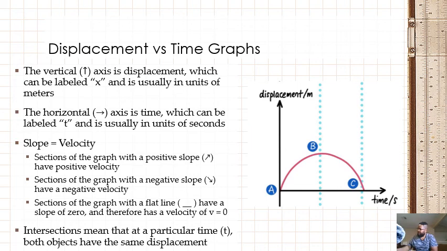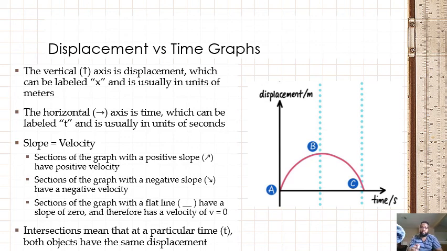All right. Now time is usually measured in seconds, but it could be measured in minutes, hours, anything like that. But usually what we end up with is meters and seconds. Because the y-axis is displacement and the horizontal axis is time, the slope, which is the vertical axis over the horizontal axis, is going to be displacement over time, which is velocity.